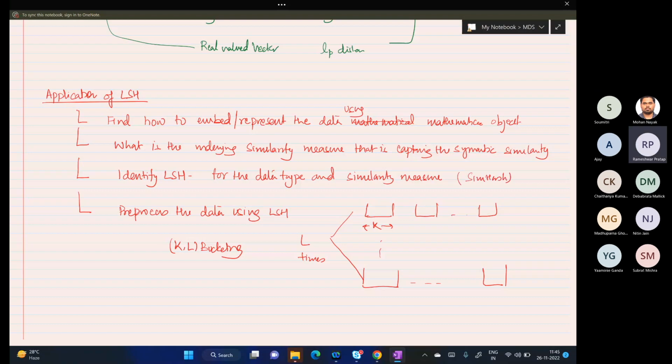The tweets that we have seen so far, we can just arrange them in a hash table like this. And once we get a new tweet, first we represent it mathematically using the embedding algorithm, and then we calculate the corresponding hash values, see in which bucket it falls, and from there we find the closest one.